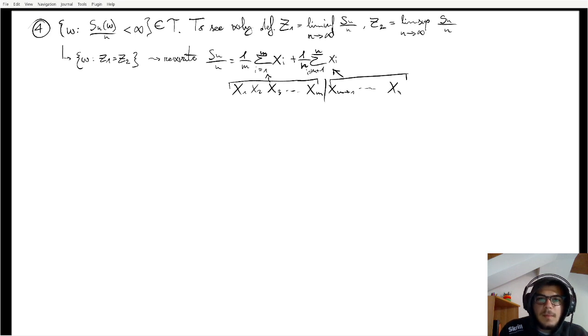But this thing is finite. Oh, okay, wait. This thing is n, here we have n. Here it's not an m, it's an n. So this goes to 0 as n goes to infinity.